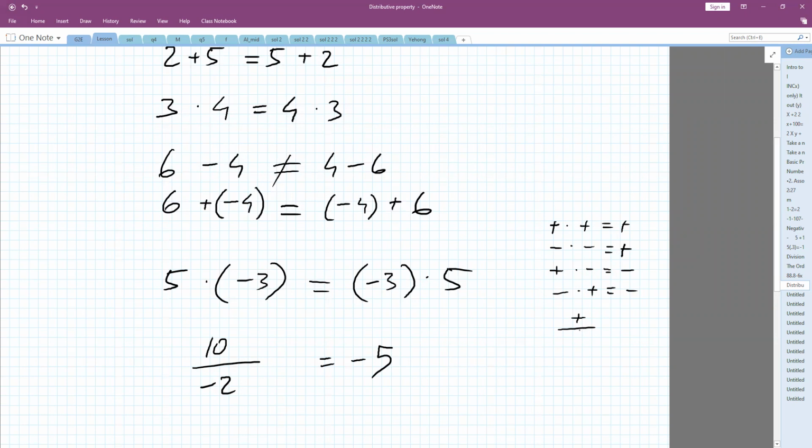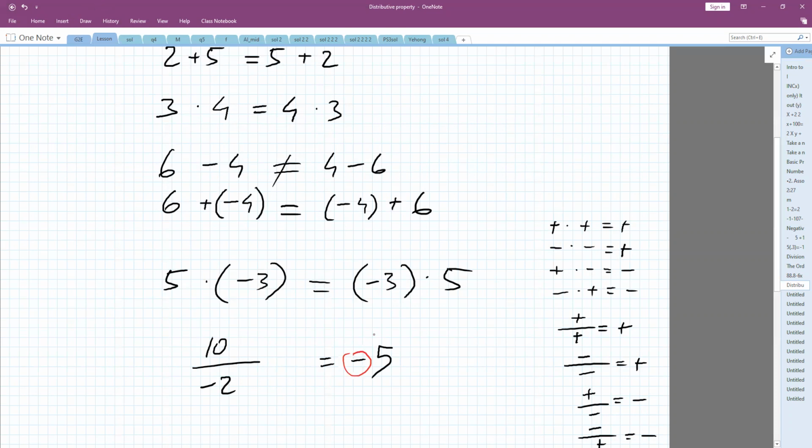Now this is also true with the division. If you have plus divided by plus, you have plus. When you have minus divided by minus, you have plus. When you have plus divided by minus, you have minus. And minus divided by plus, you have also minus. So this one, you have plus 10 divided by minus 2. Of course, that will give us minus, right?